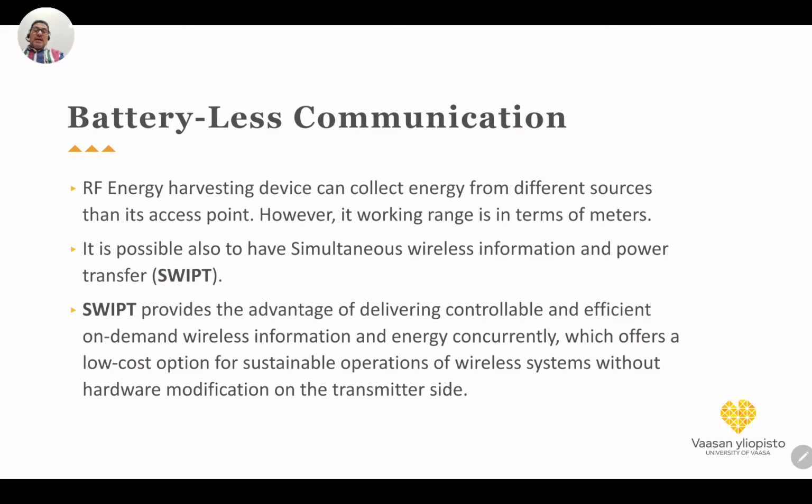And this is for the simultaneous wireless information and power transfer, called SWIPT. The same transmitter, which is battery powered, sends a strong electromagnetic wave which contains information to the receiver. The receiver takes the information and also takes energy from this electromagnetic wave, stores the energy, and then can answer back or respond to the transmitter with some required information.